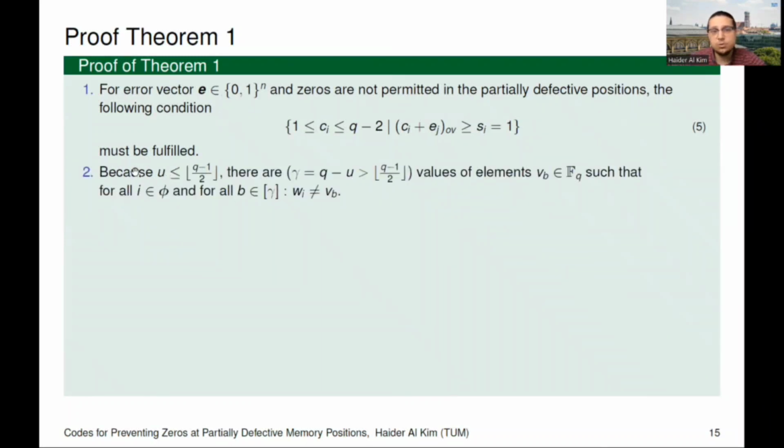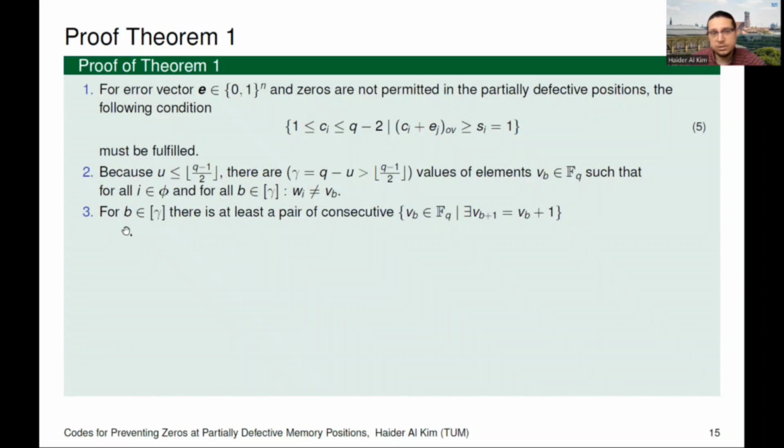Because U is at most floor of (Q minus 1) over 2, we have some Gamma of Q minus 1 values, and there are elements v_b in F_q such that for all i, some index b in Gamma, the value of omega_i is not this v_b value. So there are some elements in F_q that are not equal to omega_i.